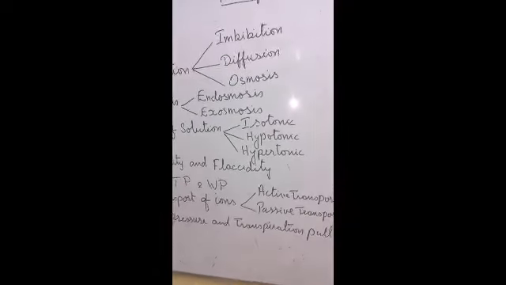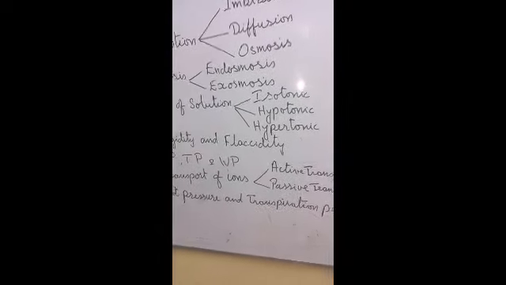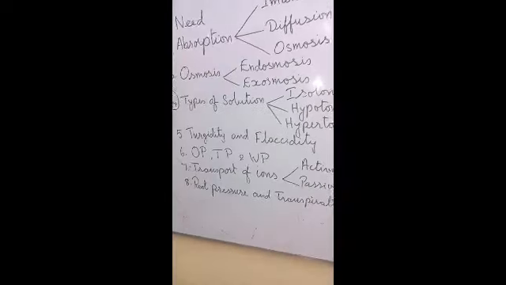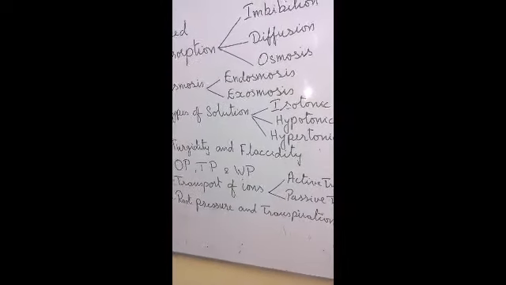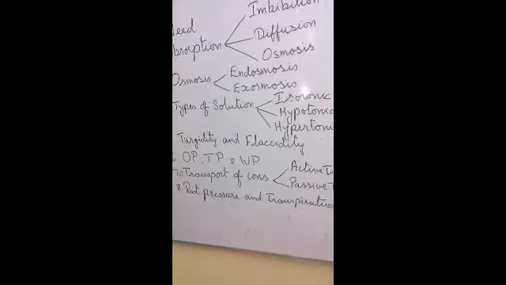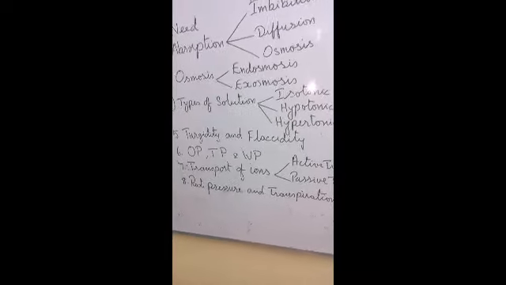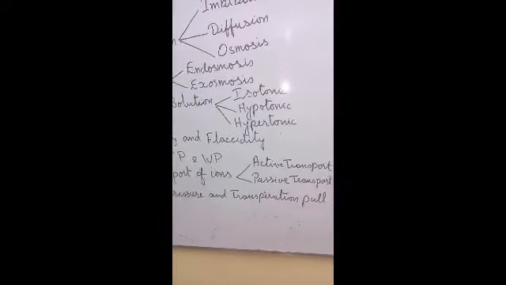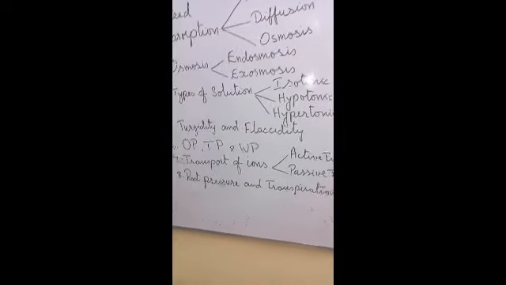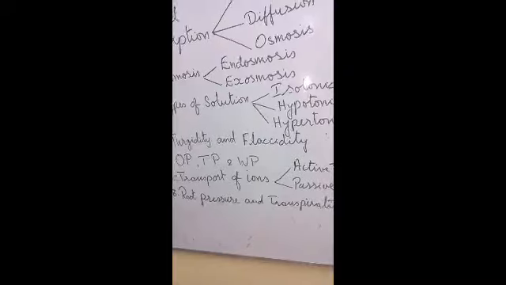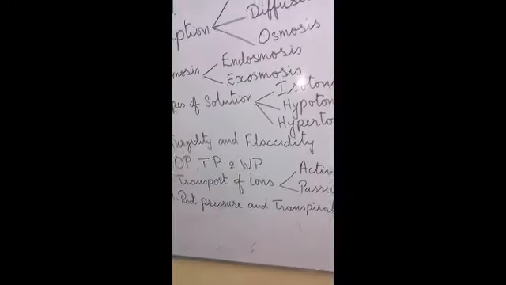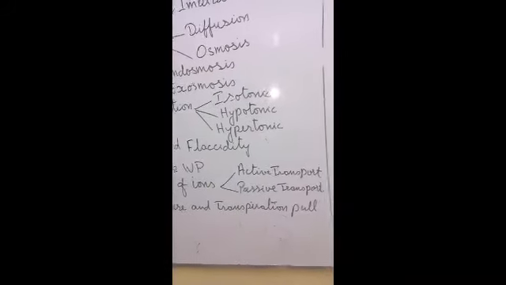We can classify the solution as isotonic, hypertonic, hypotonic. Then turgidity, flaccidity, osmotic pressure, turgor pressure, wall pressure, and transport of mineral ions, active transport, passive transport, and conduction of water, the factors that help the conduction of water, root pressure and transpiration pull.